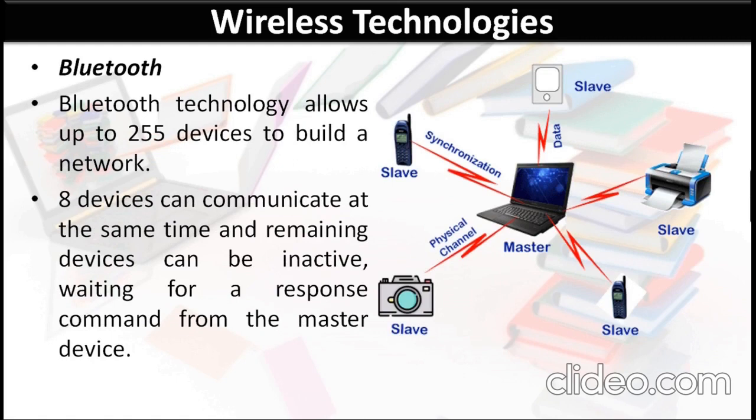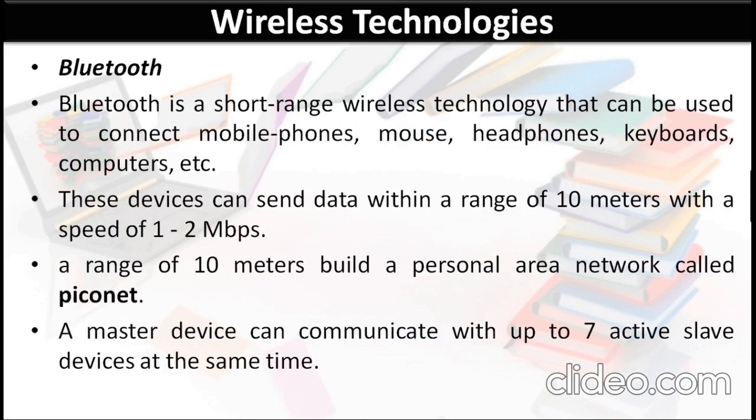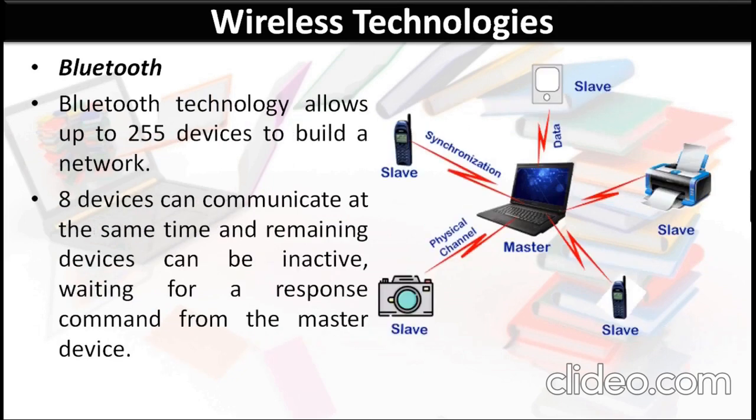But at the same time, we can access only 7 slaves, with one master device. If I am connecting with my smartphone, it becomes the master device. I can connect 255 devices, but I cannot access all 255 at a time, only 7 slaves.